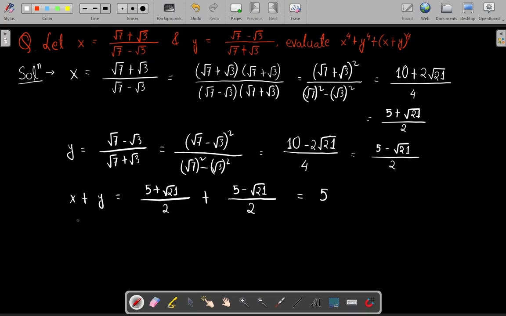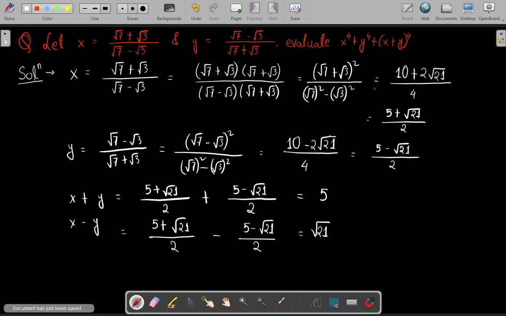Similarly the difference x minus y: the 5 and 5 get cancelled after taking the LCM, and in the numerator we get 2 root 21 by 2, so we are left with only root 21. So these are the two values we have computed thus far.